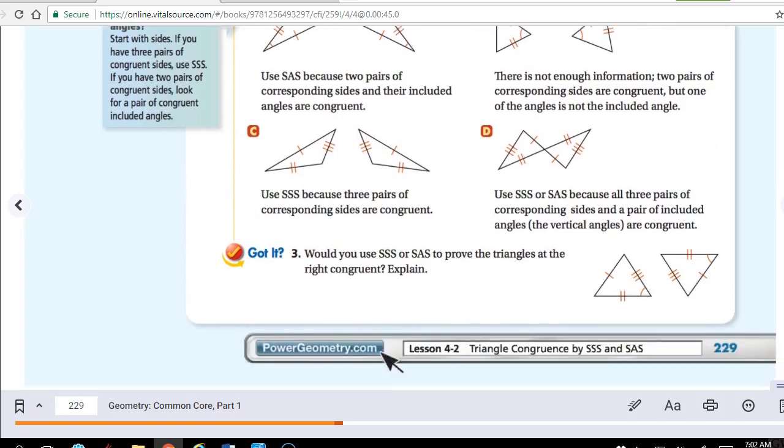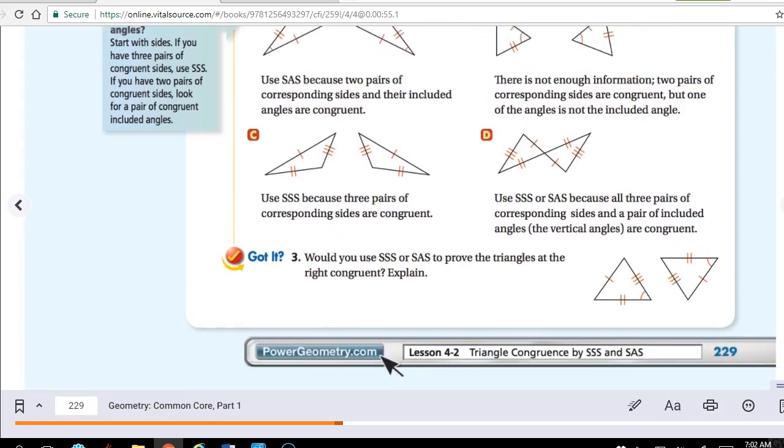Now let me lower this just a little bit. Let's look at the got it together. Would you use side, side, side or side, angle, side to prove that these triangles at the right are congruent to each other? Okay. So again, I could have a situation here where it could be both because I do see an angle here.